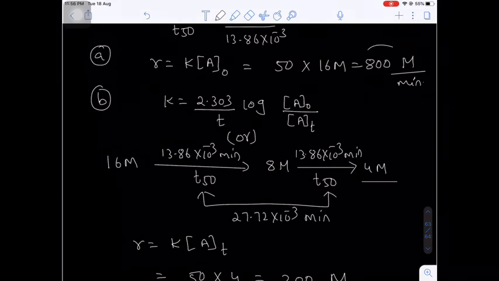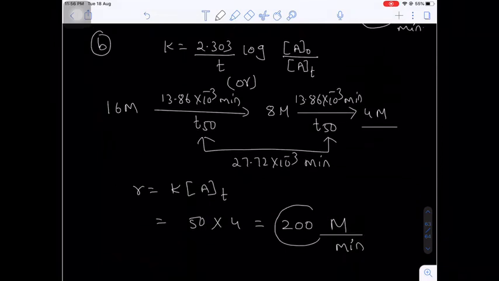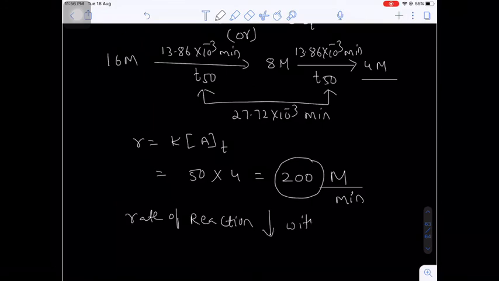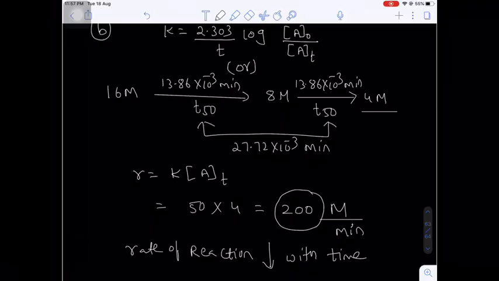Now if you see, the initial rate of the reaction is 800 molar per minute, and here 200 molar per minute. That means the rate of reaction decreases with time.